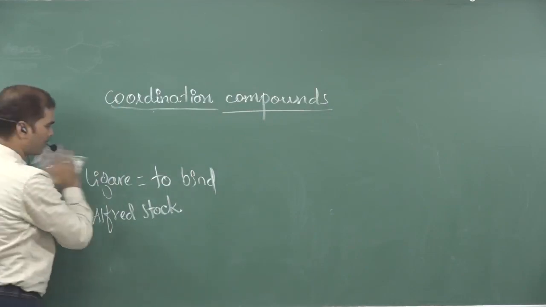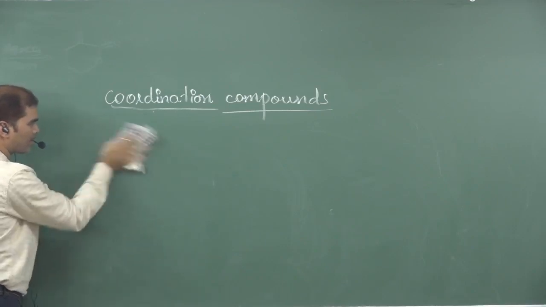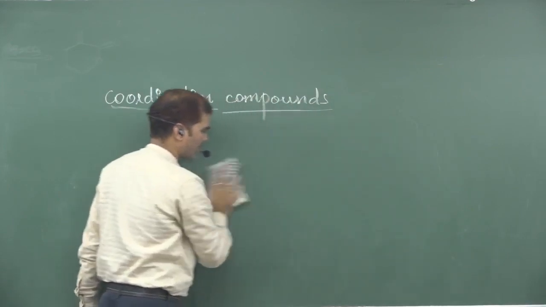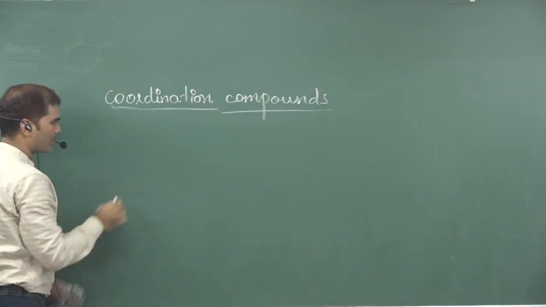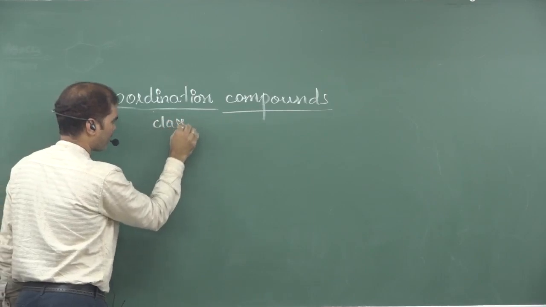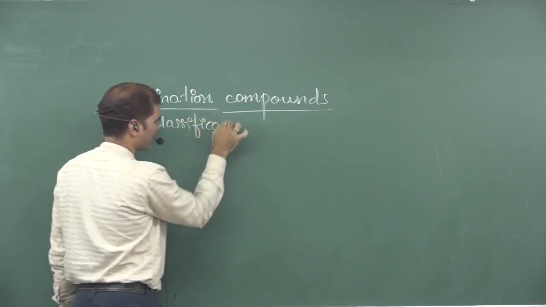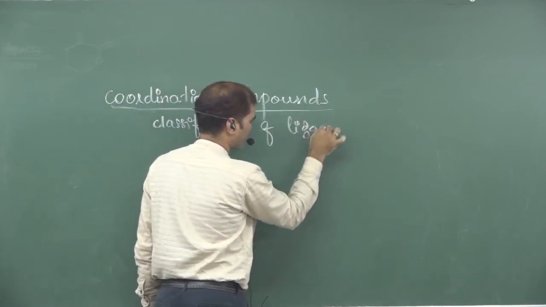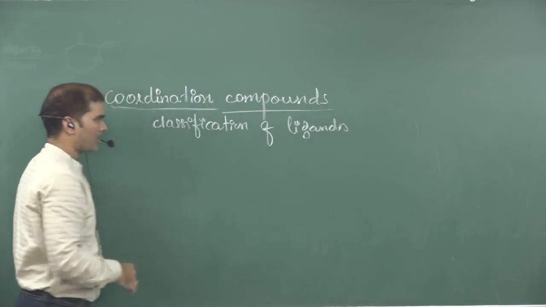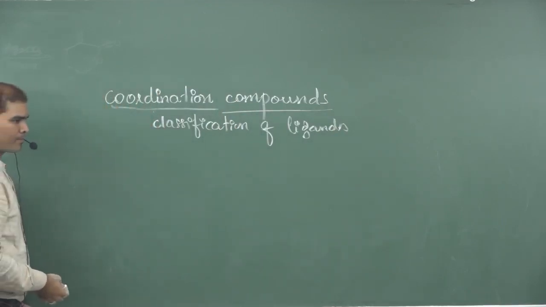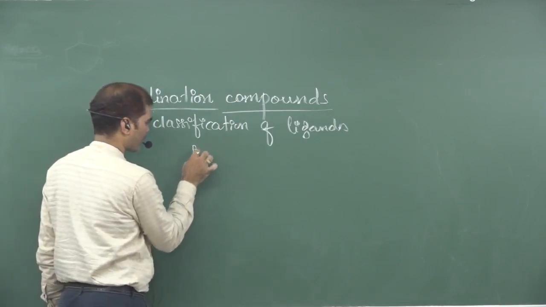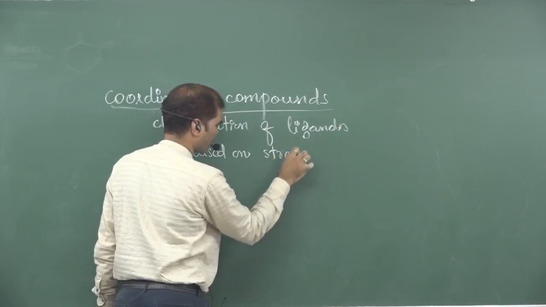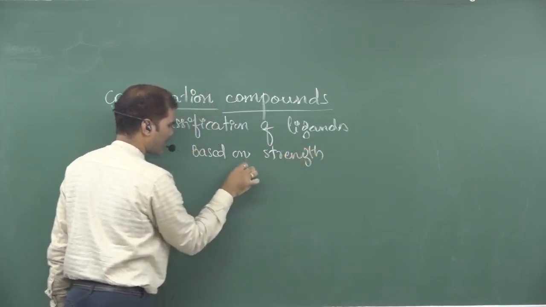Okay. Next, we'll go to classification of ligands. We'll take a few ligands which commonly occur in our complexes. First classification is based on strength.